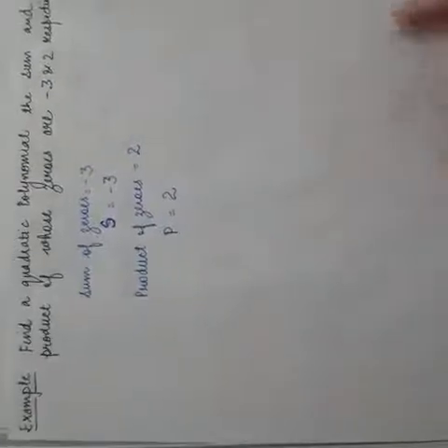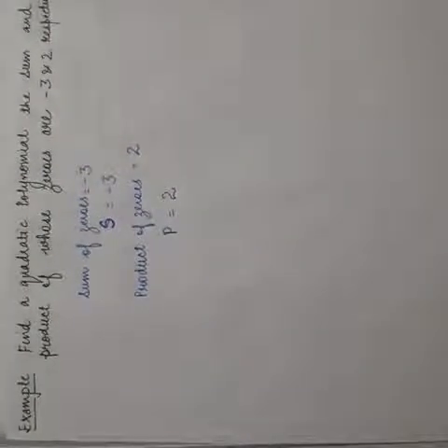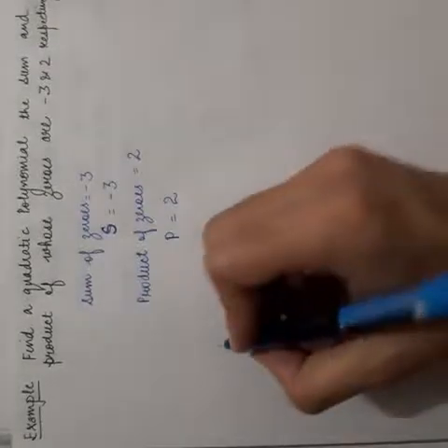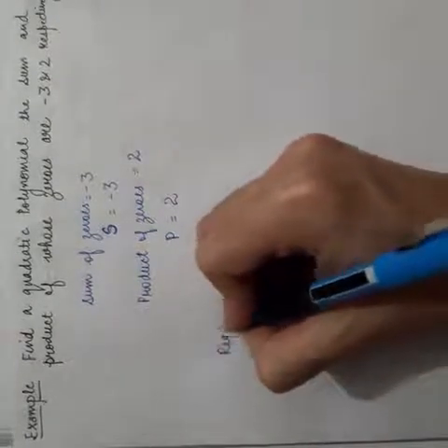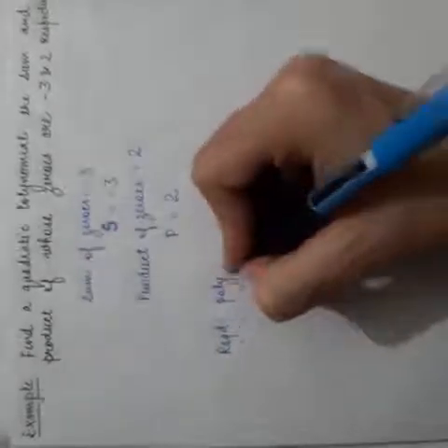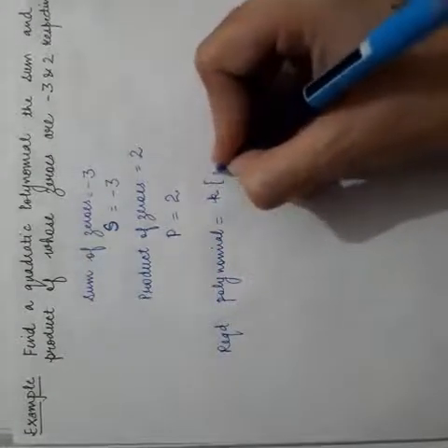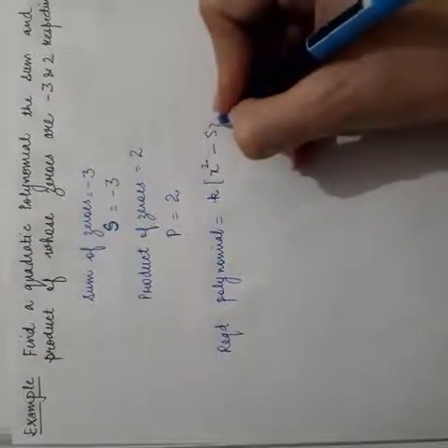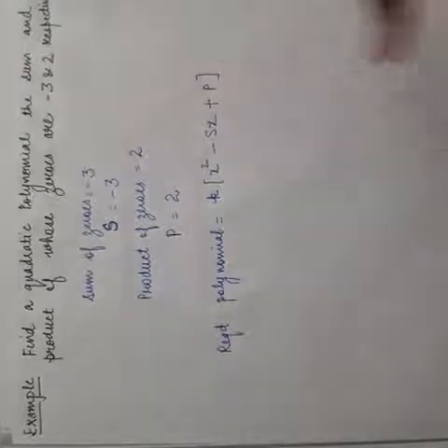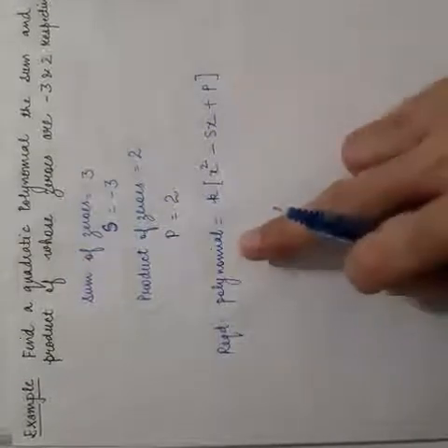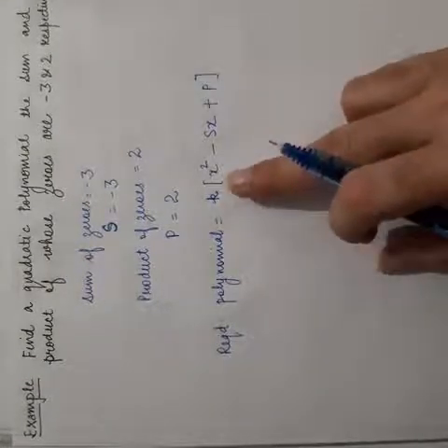Now, if the sum and product are given and you need to write the polynomial, what will you do? The required polynomial can be written as k in brackets x square minus sx plus p. Now, this thing you have to learn. The quadratic polynomial is written with k.